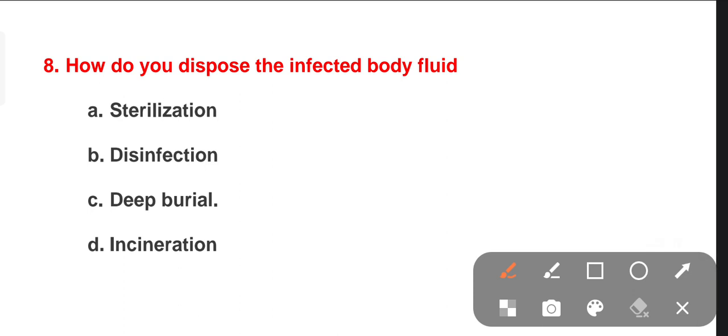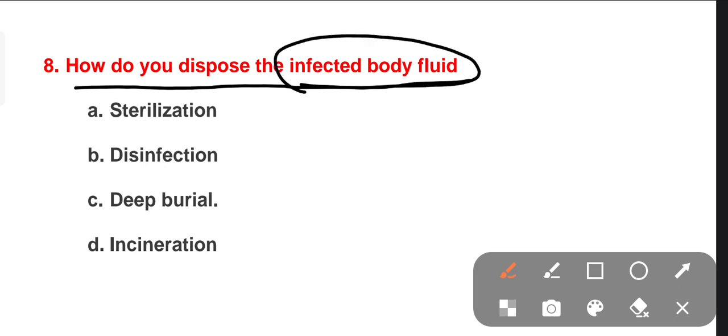The next question is, how do you dispose of infected body fluid? How can you dispose of it without harming anybody? Sterilization, disinfection, deep burial, incineration. Which is the best method of disposing of infected body fluid?